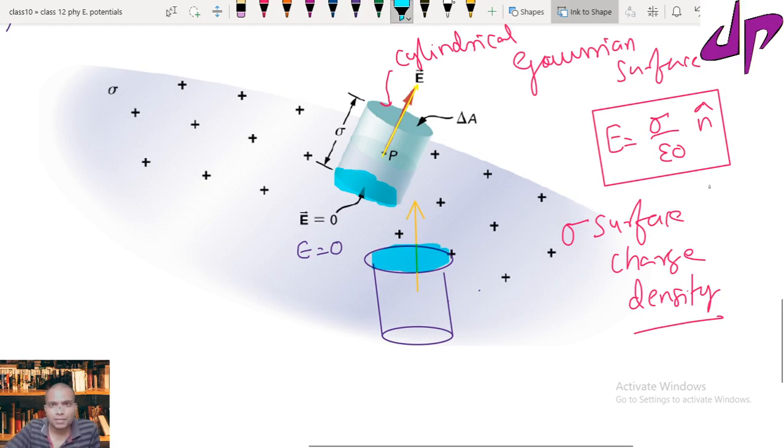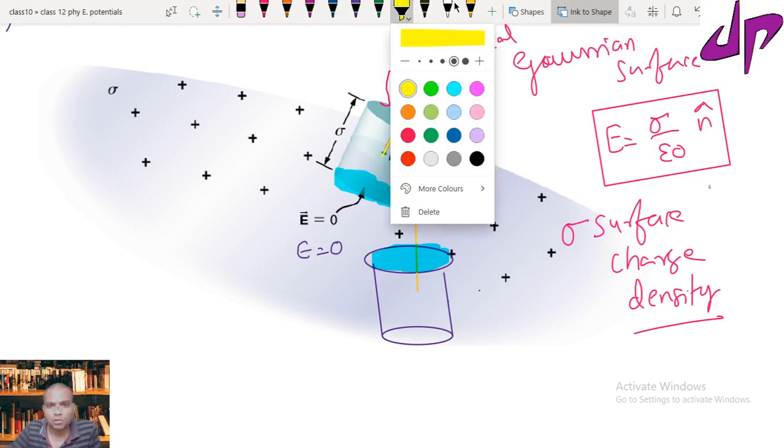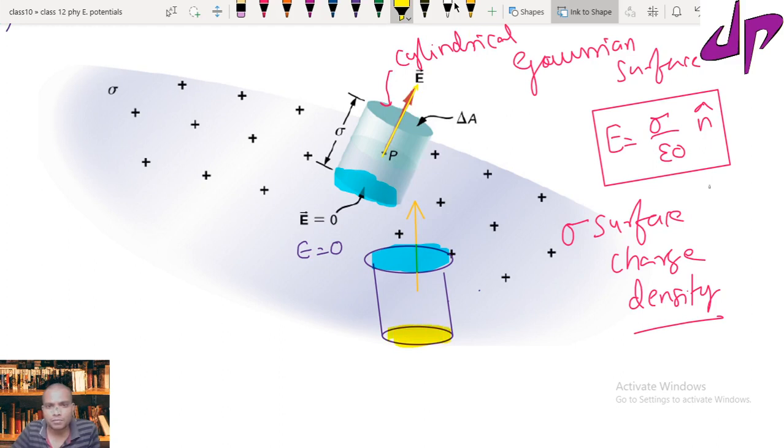From the downside, the electric field is equal to 0, since the bottom of the cylinder is inside the cloud. We already argued that there are no charges present inside the conducting surface. Whichever charge there is should be present on the outside only. If there is no charge, there is no electric field, so I can claim the electric field is equal to 0 from this side.